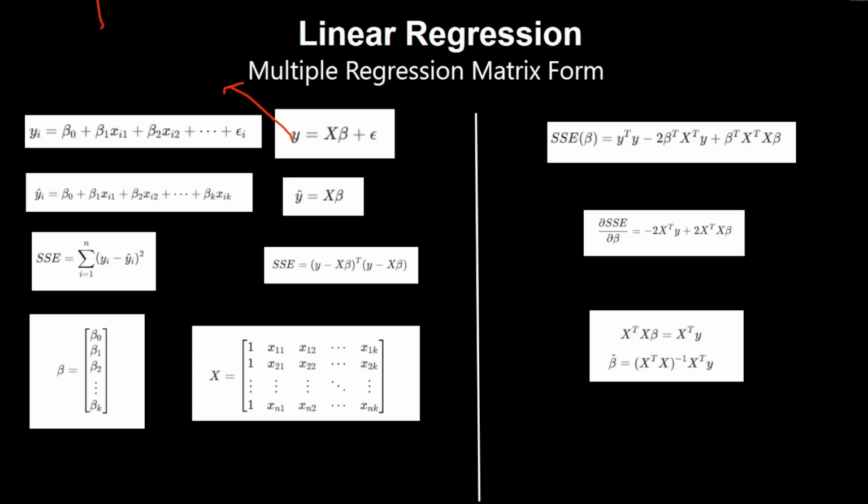If we have 500 data rows, we'll have 500 output variables. Let's say the number of data is n, so the dimension of the y vector is n times 1, because we have only one output for each data row.